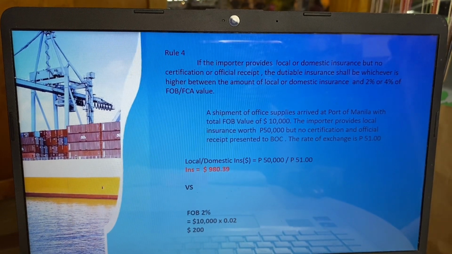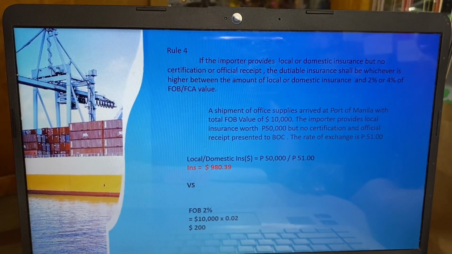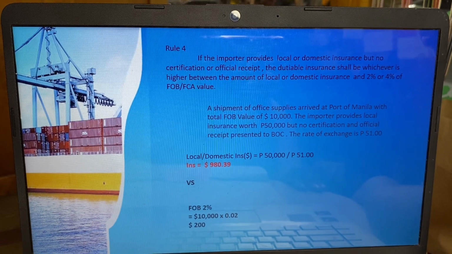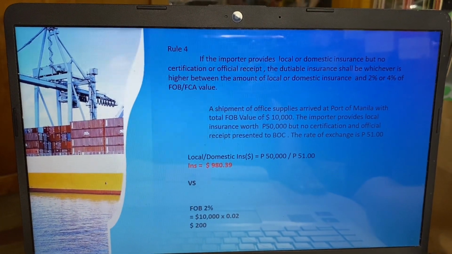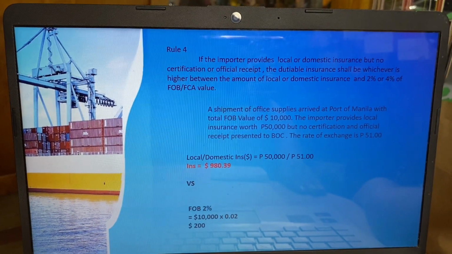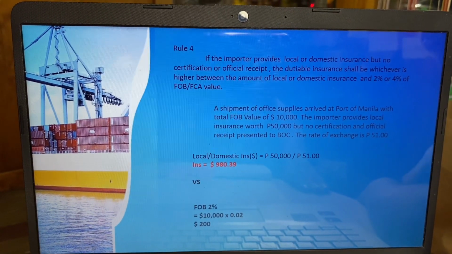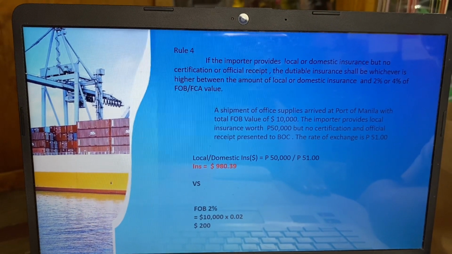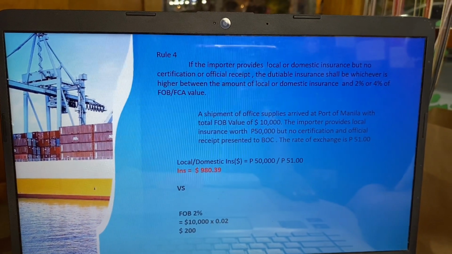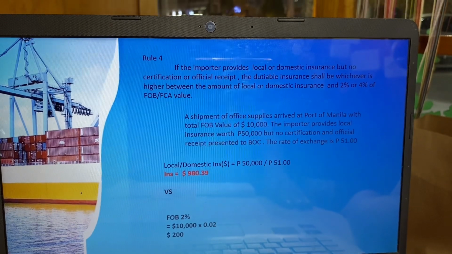So a shipment of office supplies arrived at Port of Manila with total FOB value of $10,000 US. The importer provides a local insurance worth 50,000 but no certification and official receipt presented to BOC. The rate of exchange is 51 peso.